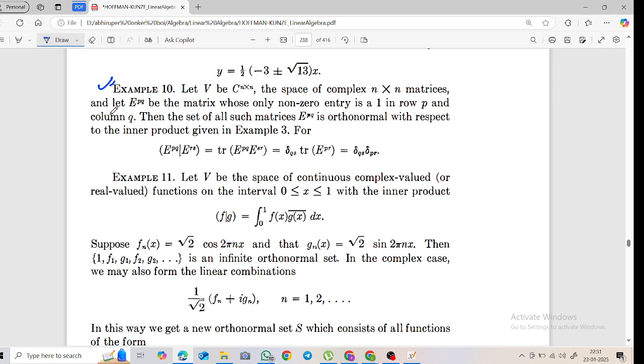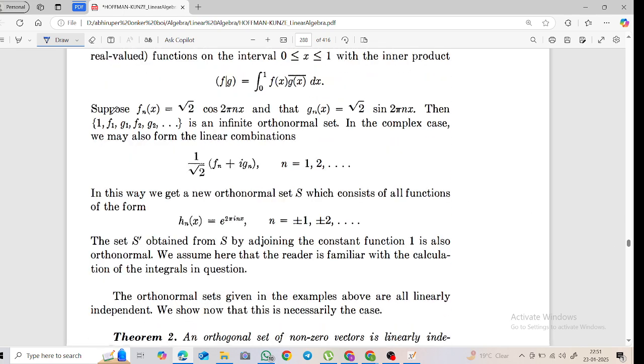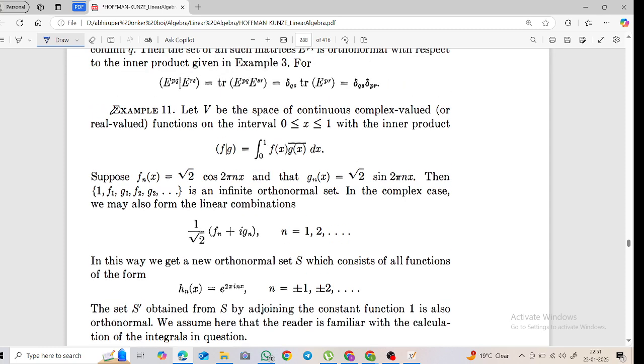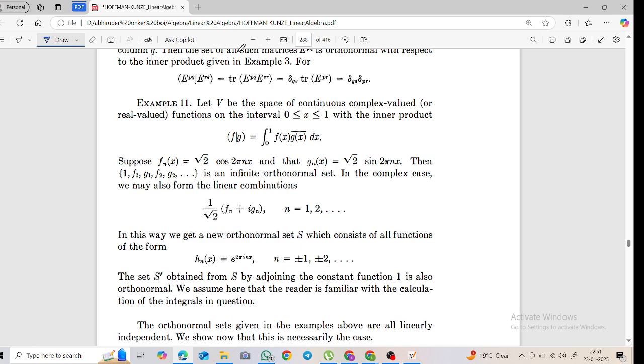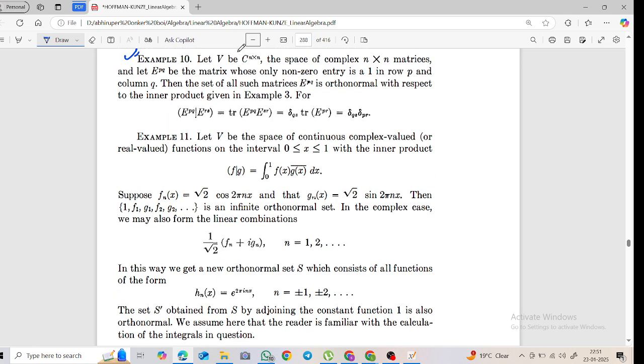Okay. I request you guys to just look at these two examples. I'm right here. Just look at these two examples, example 10 and 11.